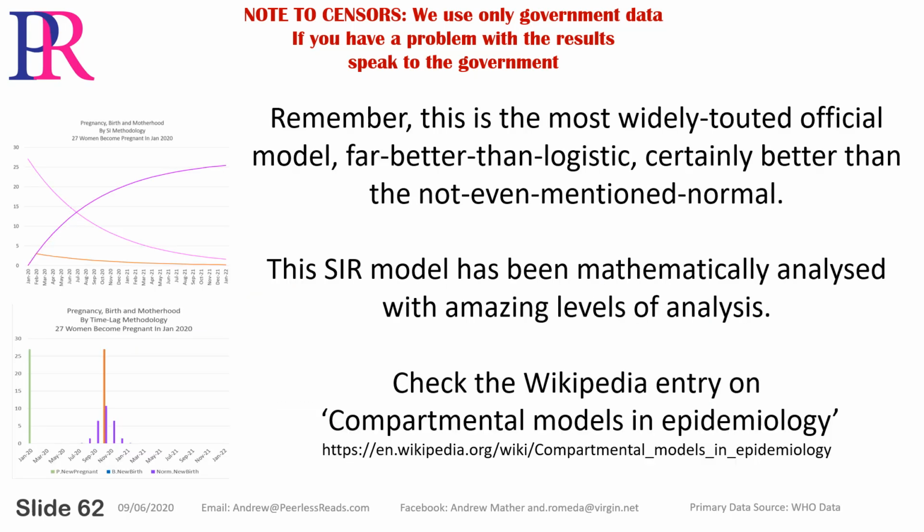Remember, this is the most widely touted official model, far better than logistics, certainly better than the not even mentioned normal. This SEIR model has been mathematically analysed with amazing levels of analysis. Check the Wikipedia entry on compartmental models in epidemiology.